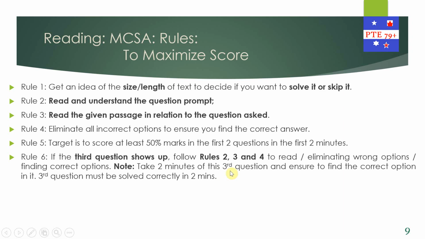If you get the third question, you must get it right, because if you get it wrong, your percentage will go down and your chances to get 79 plus will be difficult. So the minimum questions are there for each question item. Any extra question that you get, you must solve 100% correctly. I've explained this multiple times, I'm just saying it again.